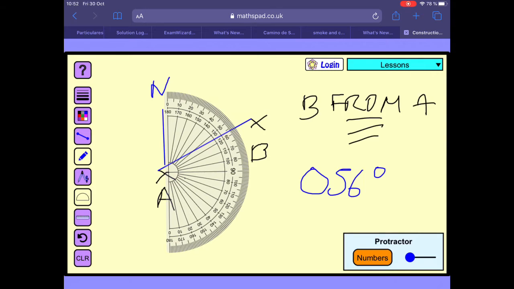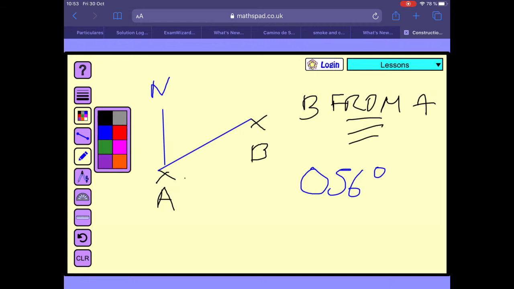Excellent. That's it. Now, this was 56 degrees.